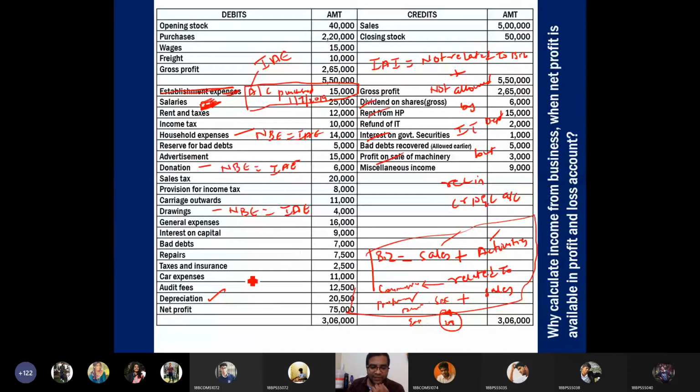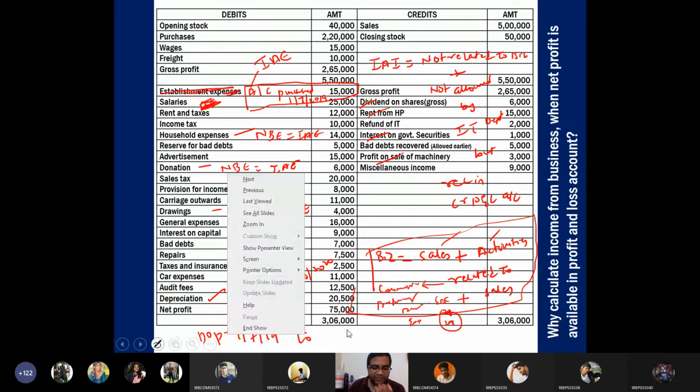Let's say our previous year starts on 1st April 2019 and ends on 31st March 2020. The asset is bought on 1st July 2019, which is the date of purchase.